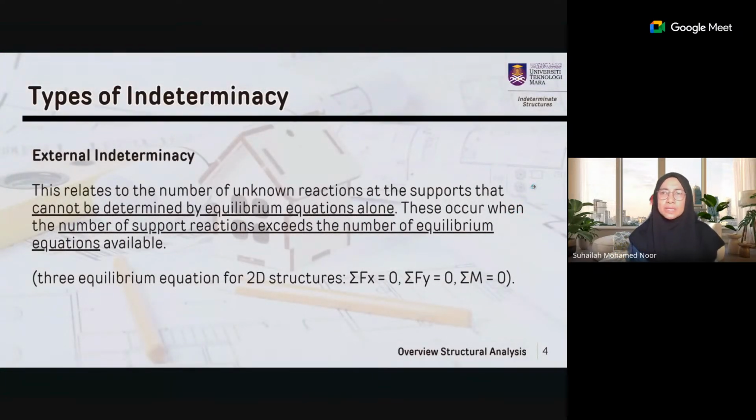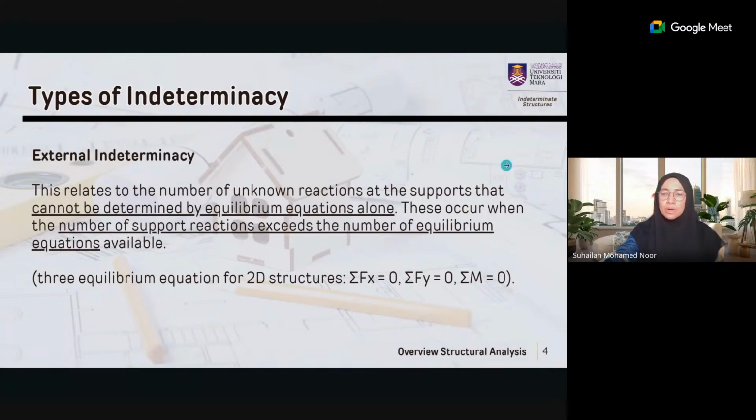Okay, there are two types of indeterminacy, DOI. One is called external indeterminacy. Another one is called internal indeterminacy. For beam and frame, it is just external indeterminacy because the redundant comes from support reaction. Whenever the redundant comes from support reaction, it is called external indeterminacy.